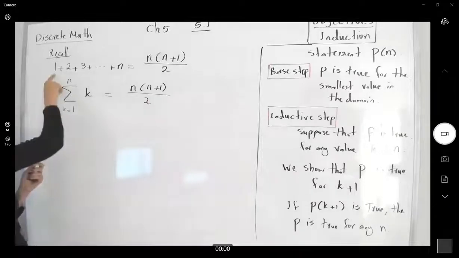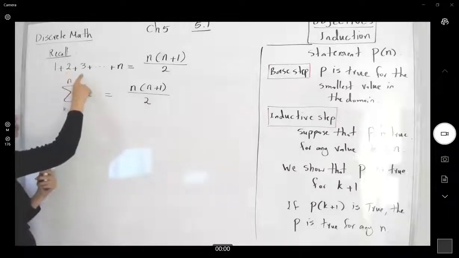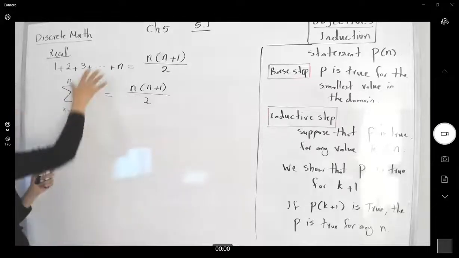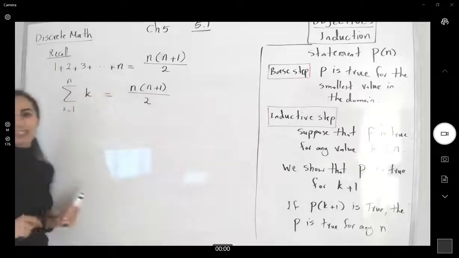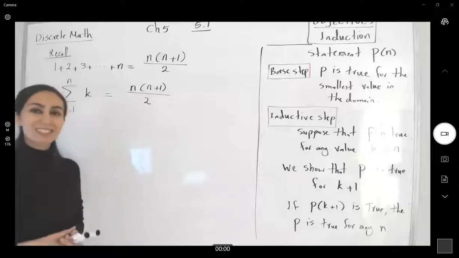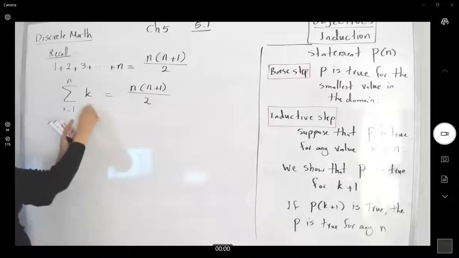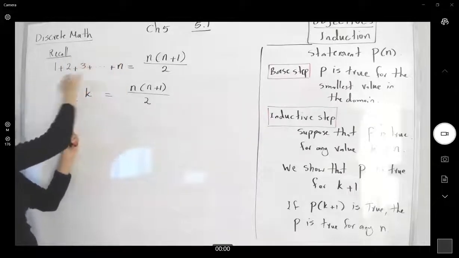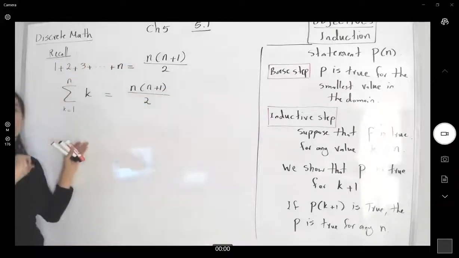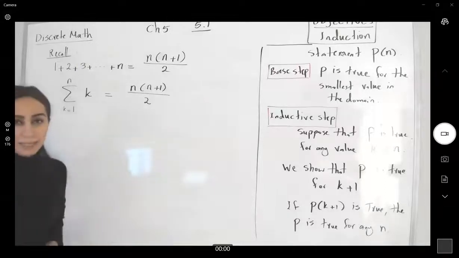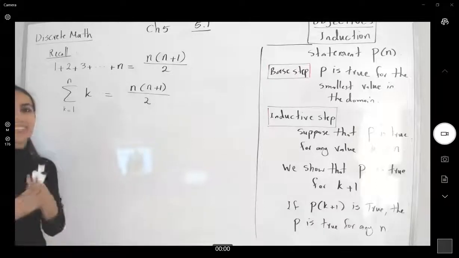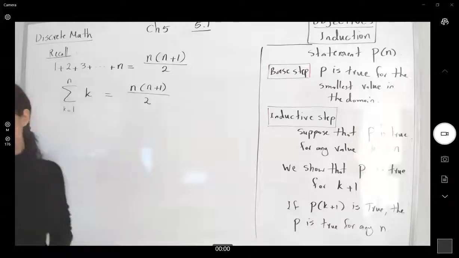So we took 1 plus 2 plus 3, the sum of the first n natural numbers, and we used the summation notation, series notation, to represent this sum. Instead of writing these numbers, we can use this compact formula representing the sum of the first n natural numbers.